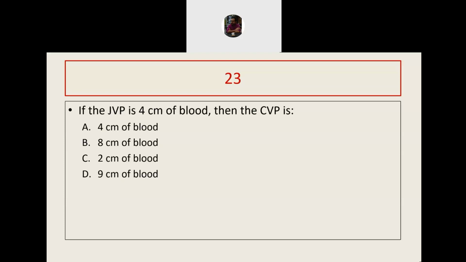If the jugular venous pulse is 4 centimeter of blood, then the central venous pressure is. Next.